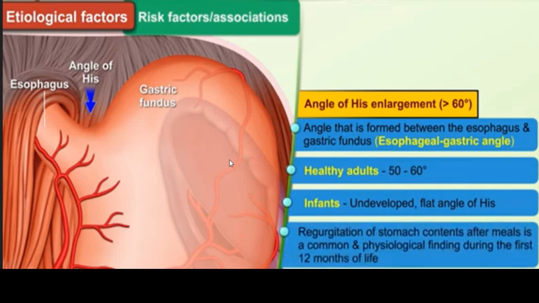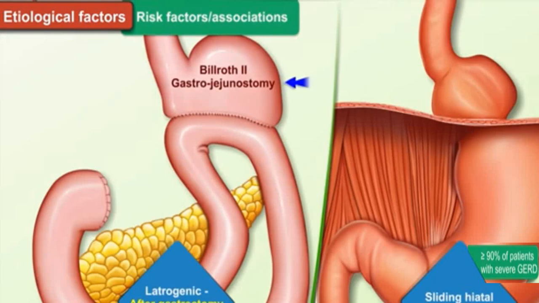So that is also one of the factors responsible for regurgitation and produces the damage. Even gastrojejunostomy will have a very high chance of GERD. Sliding hernia is another very high chance of GERD.